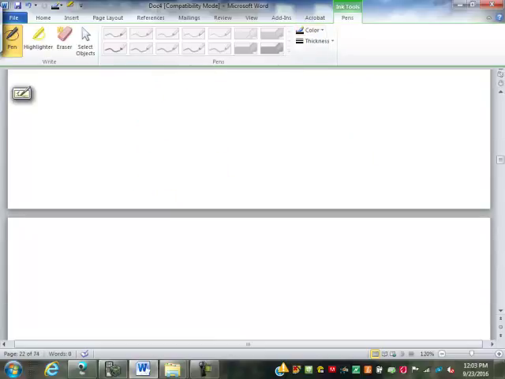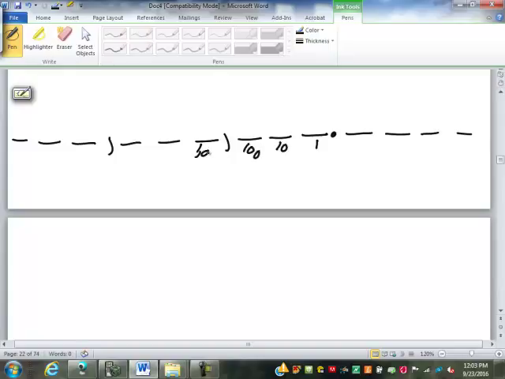Okay, so now, why am I so concerned with that? Well, let's look at our place values again. This is the ones place, tens place, hundreds place, 1,000s, 10,000s, 100,000s, millions, and so on.